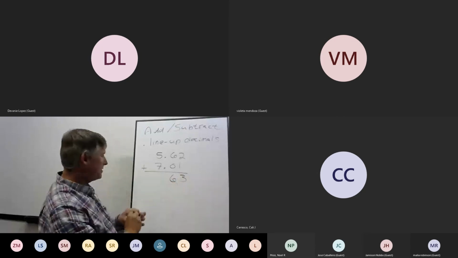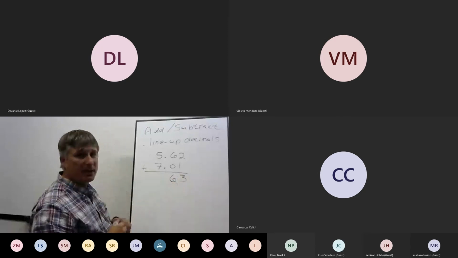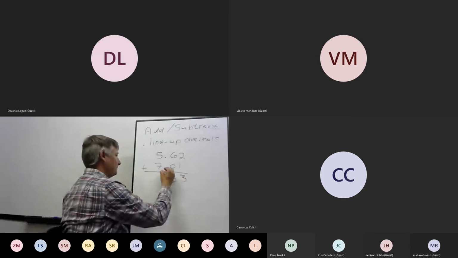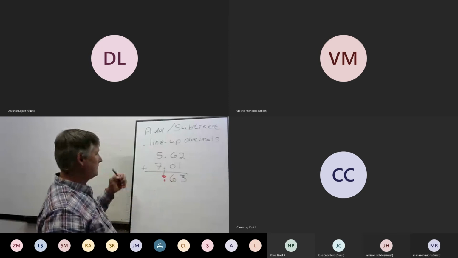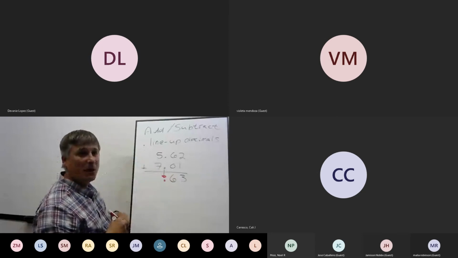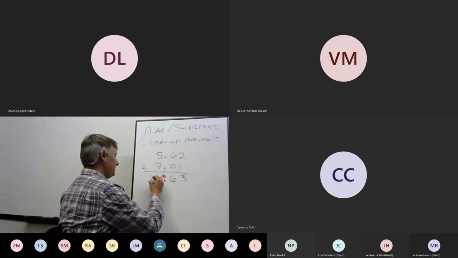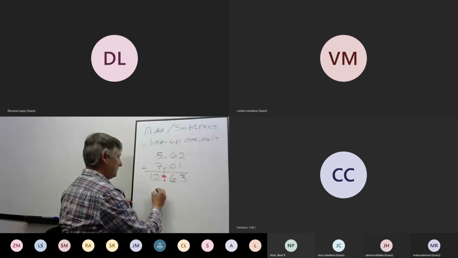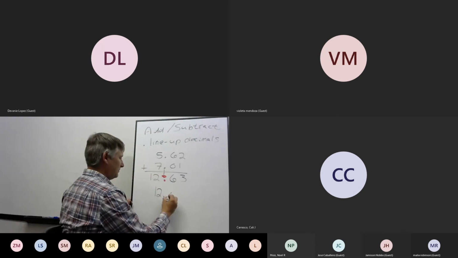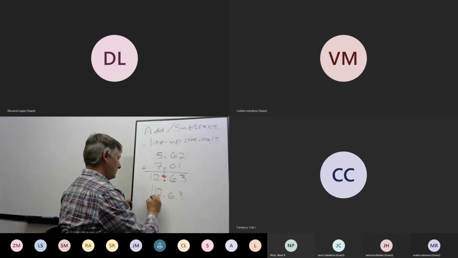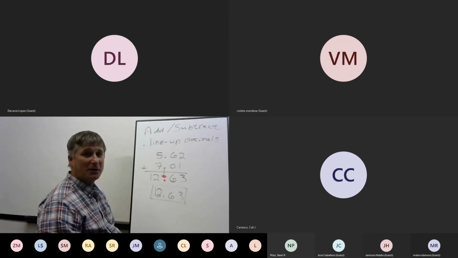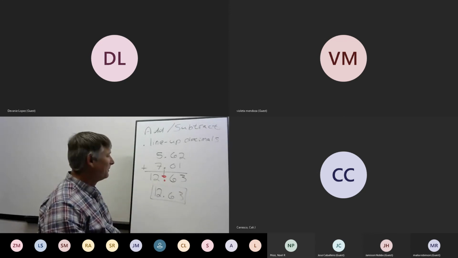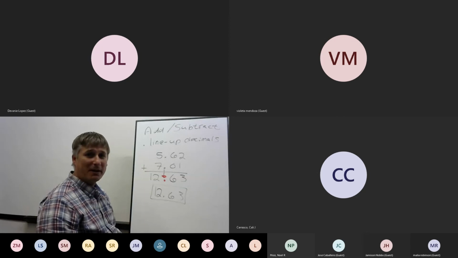And then we want to make sure we drop the decimal down. And then finally, 5 plus 7 is 12. And that's going to be our answer. Questions about that?